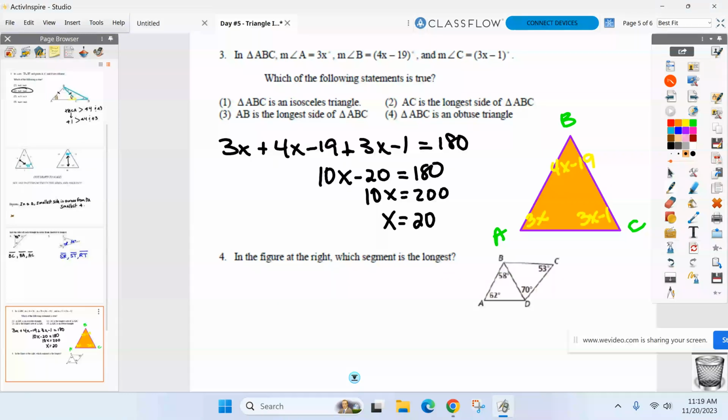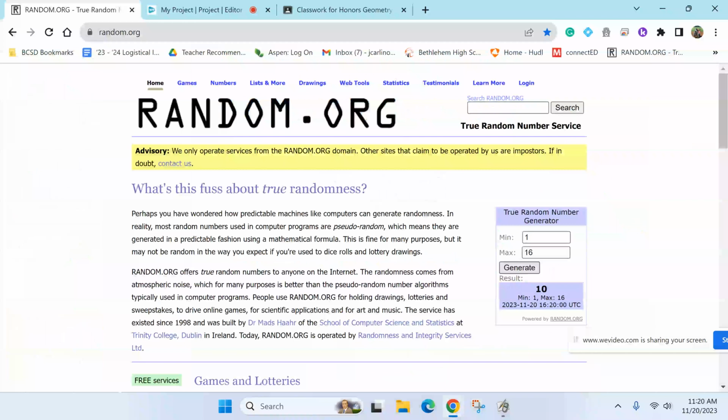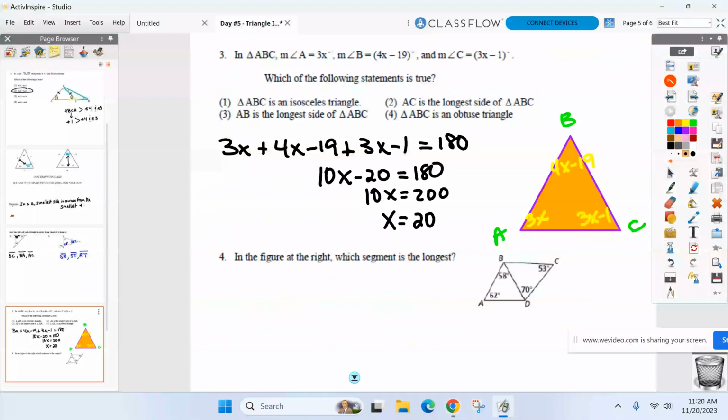What do you have for your angle measurements here when you have them? That's it, Matt. Angle A when you have it. 60. Yep. How about angle B? 61. Got it. And angle C? 59. Good work. All right, now let's look at our choices.